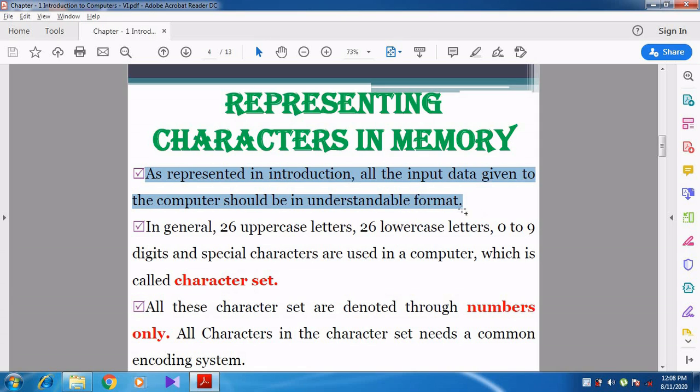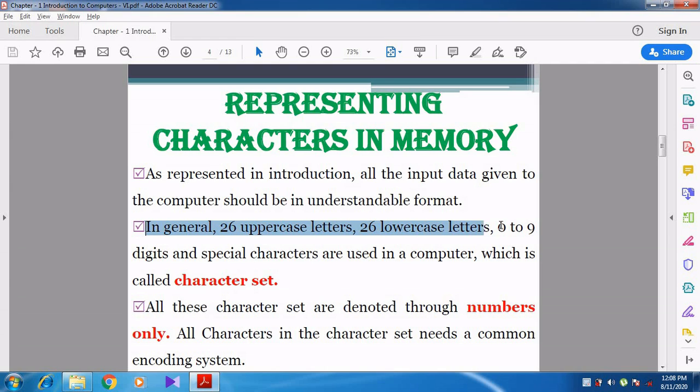In general, 26 uppercase letters, 26 lowercase letters, 0 to 9 digits and special characters are used in the computer. We know very well how many alphabets there are: 26. So they have given 26 uppercase letters and 26 lowercase letters.